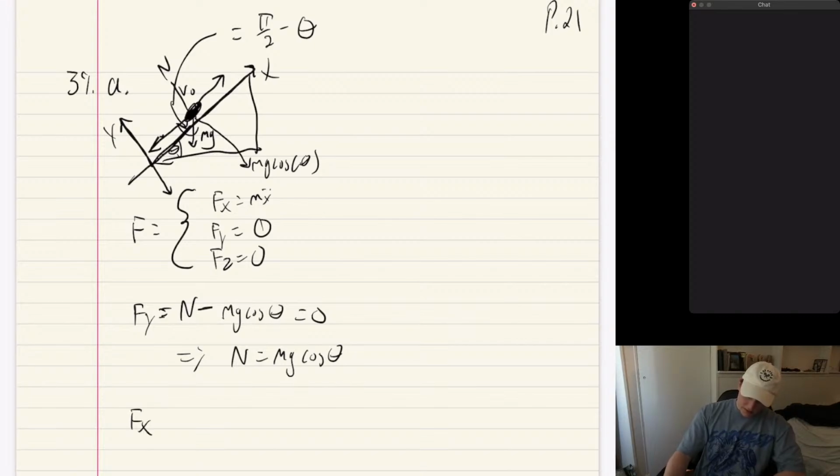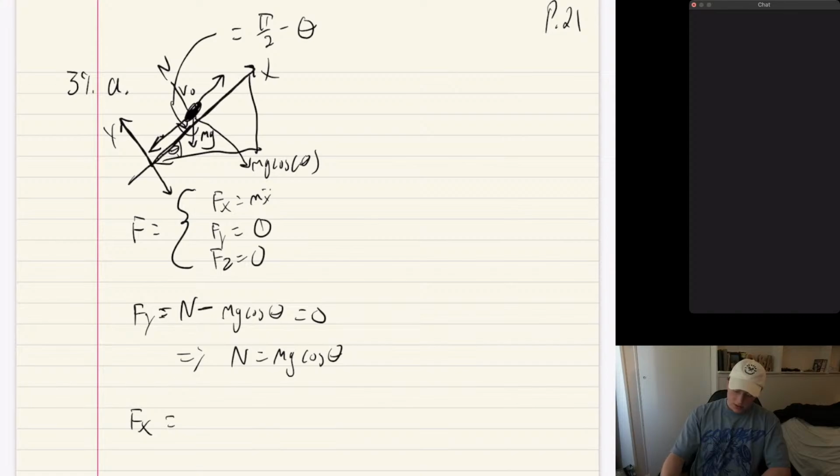Now, Fx is equal to, so the x component would be the x direction, which is mg sine theta.